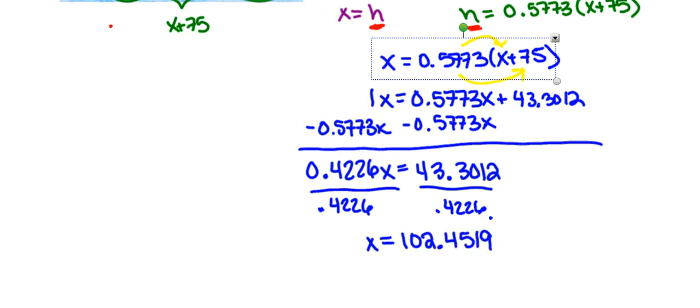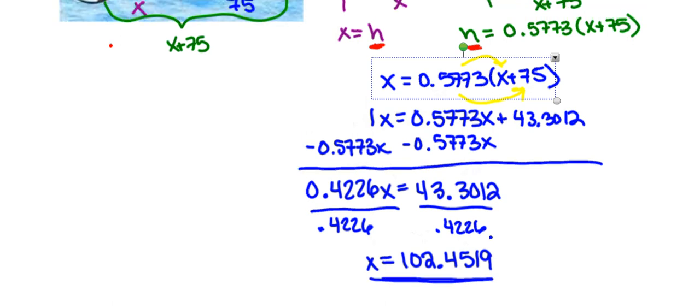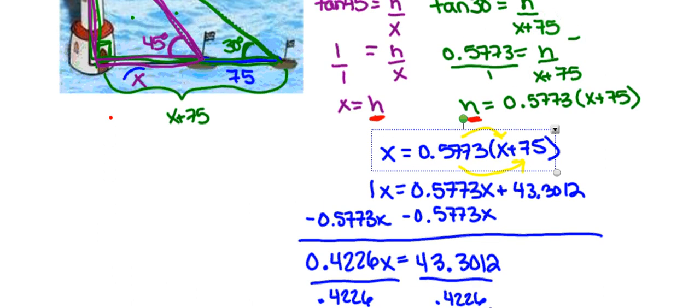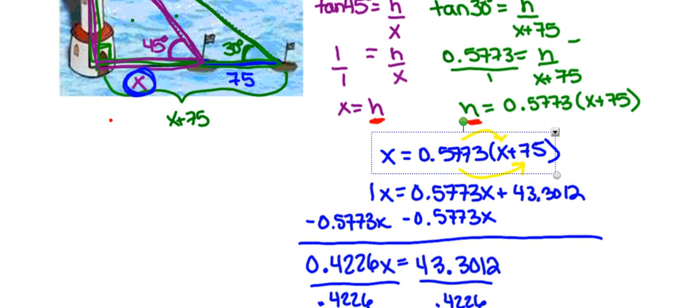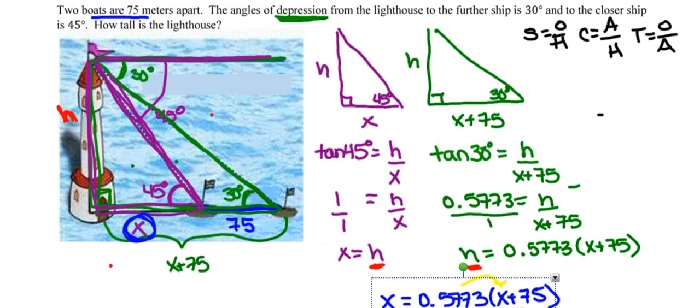So let's go ahead and see exactly what it is that I found. 102.4519, if I go back to that picture, that value represents the distance from the lighthouse to the first ship. What I'm trying to actually find in this question isn't the distance from that lighthouse to the first ship, but rather the height of the lighthouse.